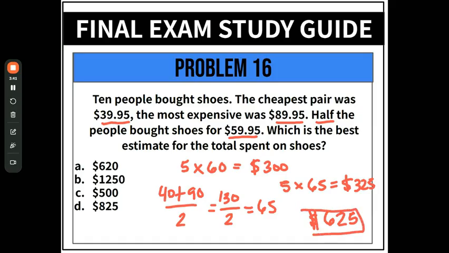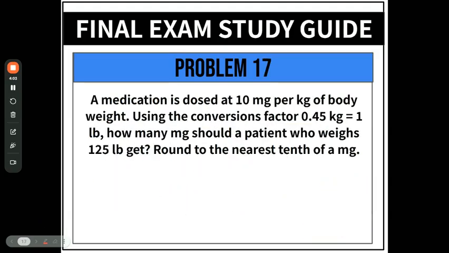Now, let's take a look at our answer choices and see which one is closest. And we see that A is closest. Again, since they're asking for best estimate in this question, it's not imperative that we have the exact answer. 620 is closest.